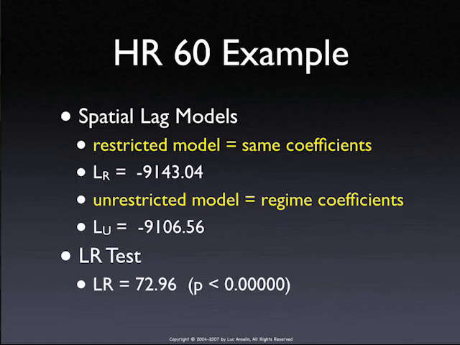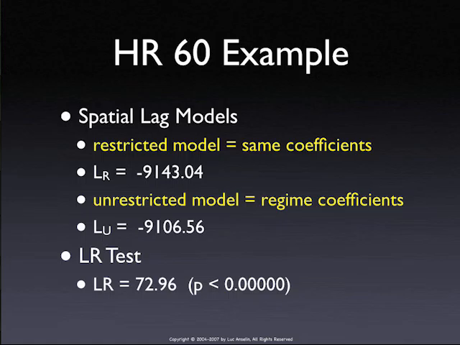So this requires a spatial error estimation in the unconstrained model, which gives us a different beta in each region, and a spatial error regression in the constrained model, which gives us the same beta in each region. Each of these gives us a residual vector. It gives us a lambda. We stick the lambda in here, and that's a spatial Chow test.